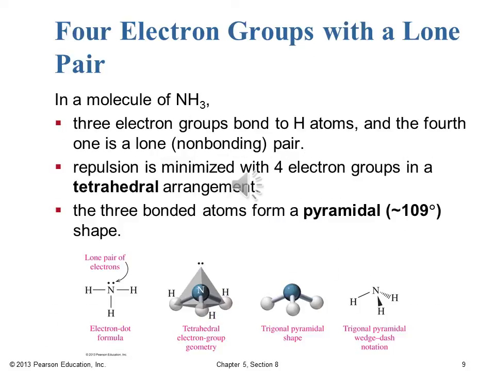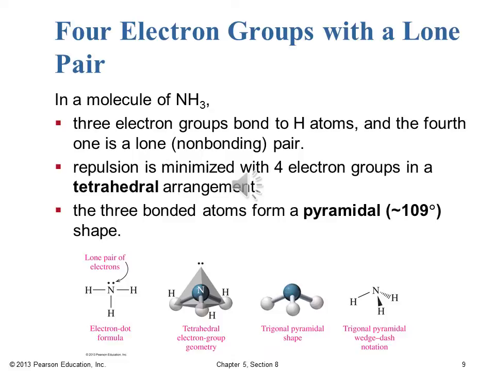Well, just like the case of trigonal planar electron domain geometry, when we had a lone pair, things were different than when we had all bonding pairs. The same is true for the tetrahedral electron geometry. If we have 4 electron groups with one being a lone pair, our classic example is the ammonia molecule. So we have 3 electron groups involved with those NH3 bonds, and the 4th electron group is a lone pair on the nitrogen.